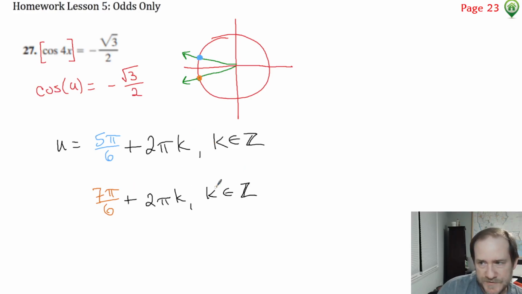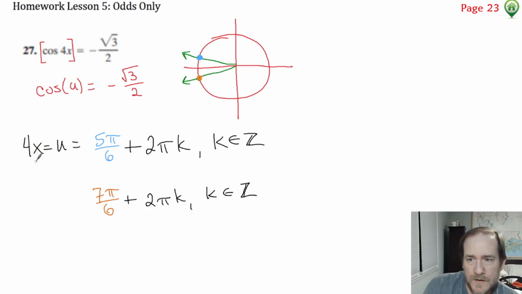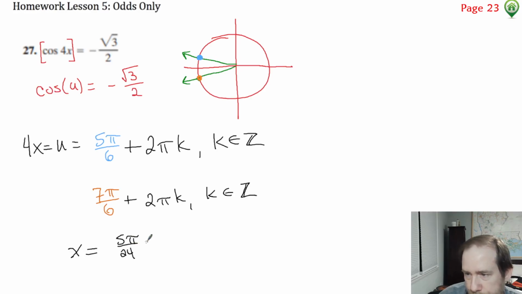This right here would be the solution set for u, but of course u is actually equal to 4x. So if you're trying to solve for x, you'd have to divide through by 4, or more obviously multiply through by 1/4. And so x is actually going to be 5 pi over 24 plus 2 pi over 4, which is pi over 2, times k, where k is an element of the set of integers.